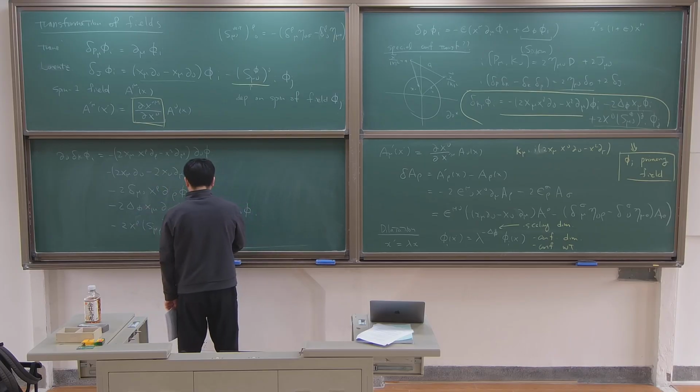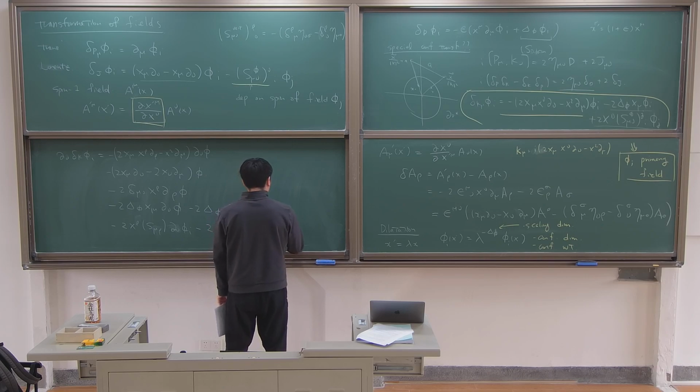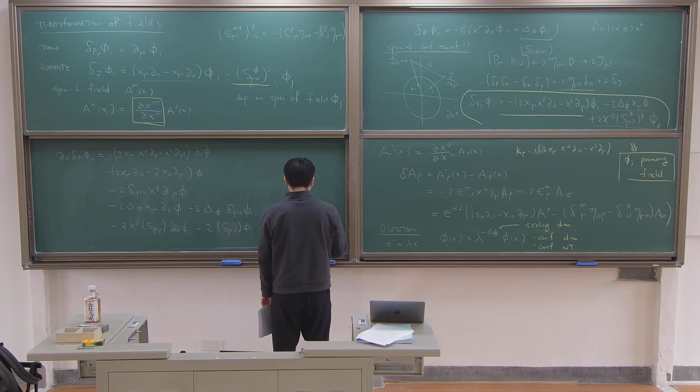Sorry, delta. Like this one. In addition to that, we have this one, 2x rho, delta mu, s mu nu. So these are the transformations.